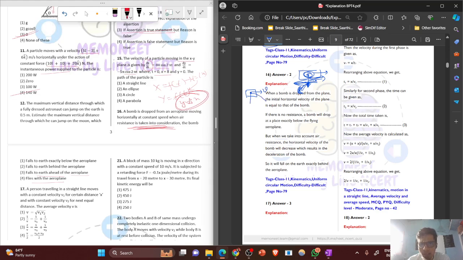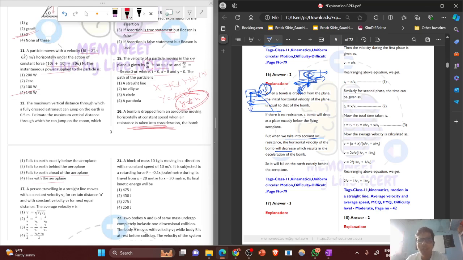It will go like this because it has an initial velocity equal to the aeroplane's velocity. But if there is no resistance, it will go like this. But when we count the air resistance, the horizontal velocity of the bomb will decrease, because the wind is blowing in this direction with respect to the aeroplane.